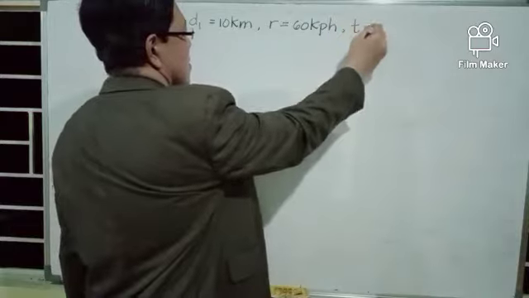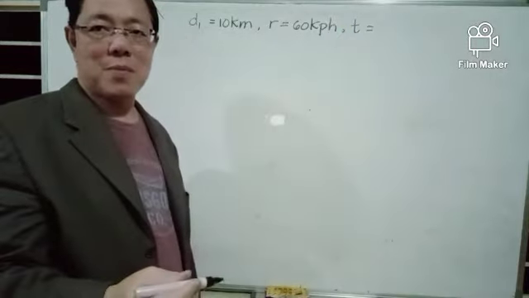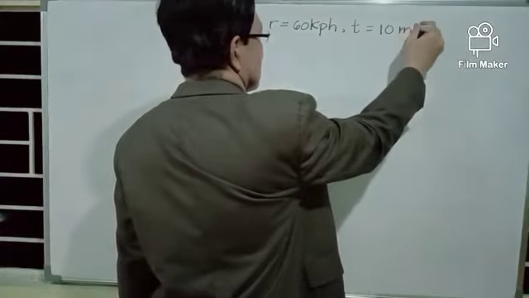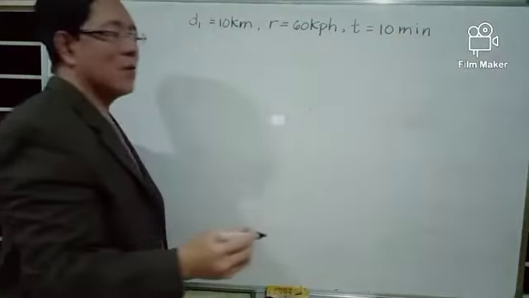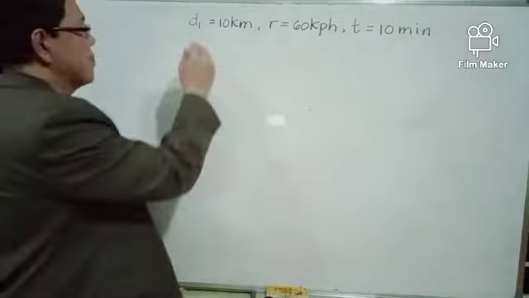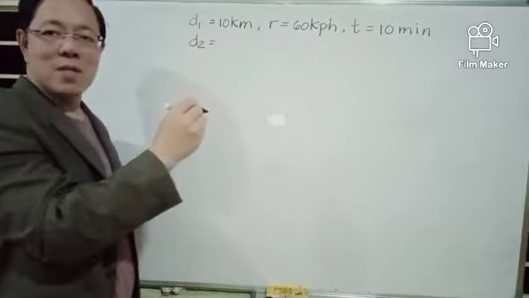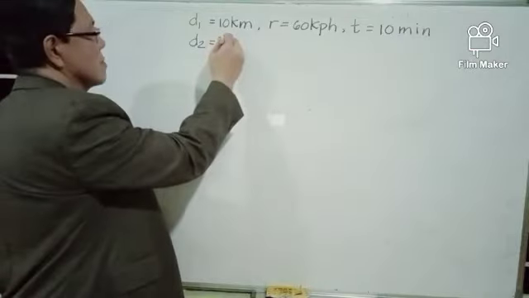And we have computed the time elapsed or the time traveled, and we obtained 10 minutes. For the second part of the trip, the distance traveled was another 10 kilometers.